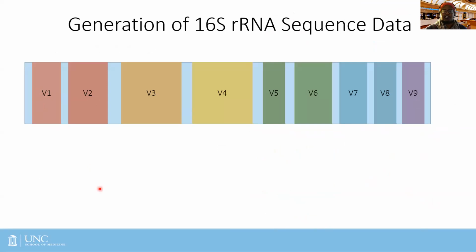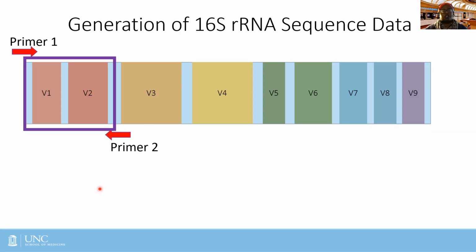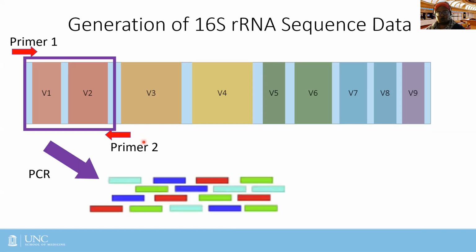When we perform 16S sequencing, for this study we use the V1-V2 region. We're using primers that attach to the highly conserved regions; since they're highly conserved, we can create primers to basically stick onto those regions to perform sequencing. And then we can use PCR to amplify the region of interest.